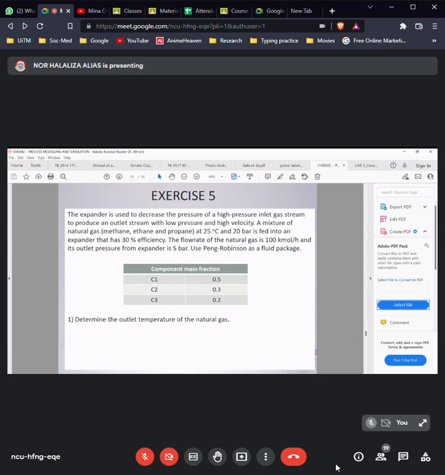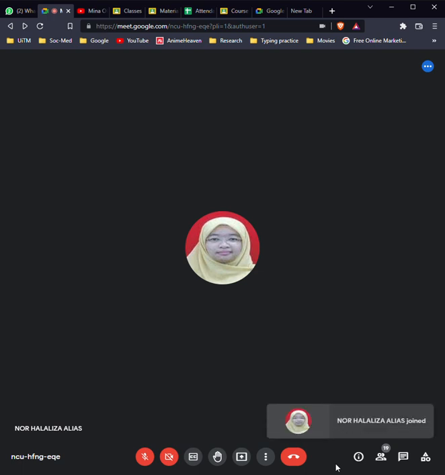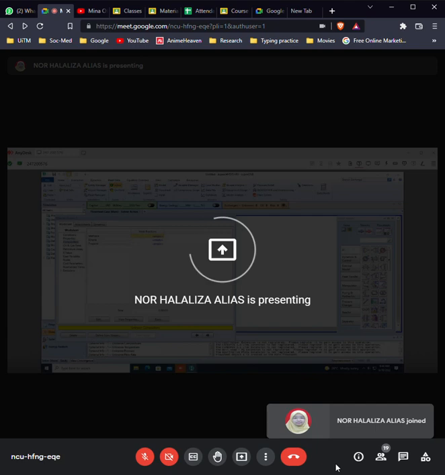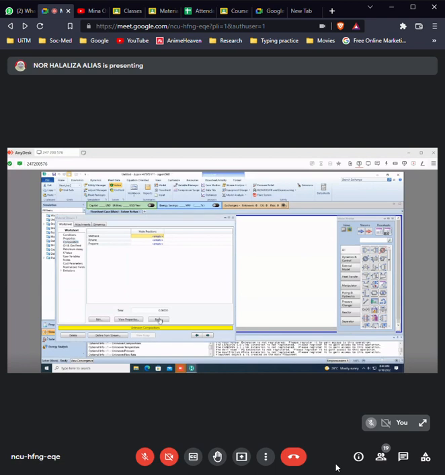Okay, let's go back to the ICs. Okay, and then you have mass fraction. Okay, change the basis to mass. Okay, and then fill up the mass fraction.